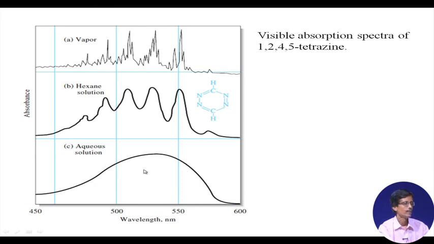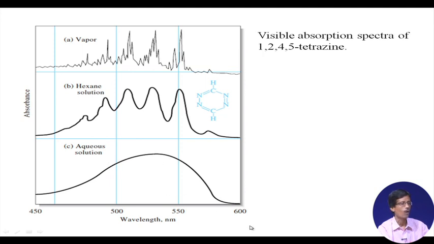Only the feature of the spectrum, which we recorded in aqueous medium, has changed from aqueous to hexane solution, and the hexane solution spectrum gives rise to some features that are already present in the broad absorption spectrum.